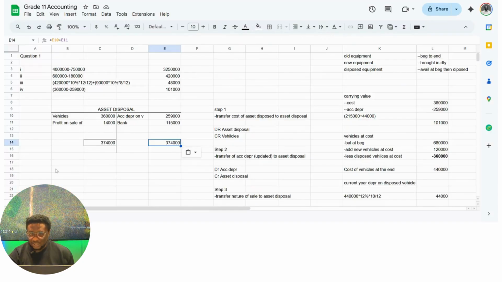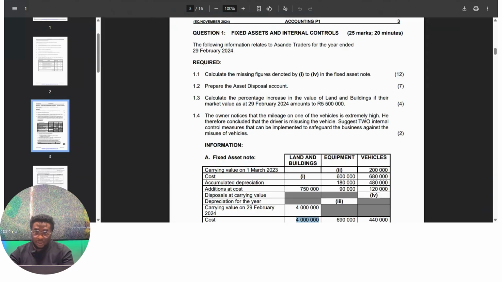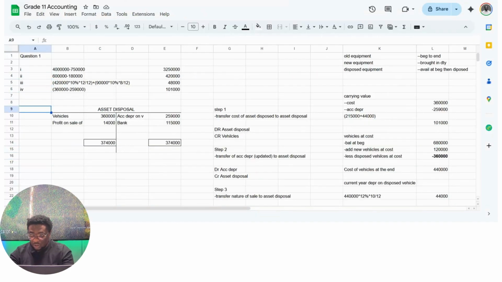So percentage increase, the easiest way to calculate a percentage increase. Whenever we work out the percentage change, we basically say, well, the new value minus the old value, right?